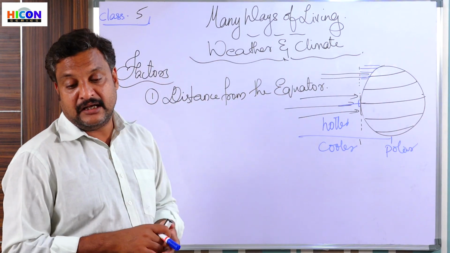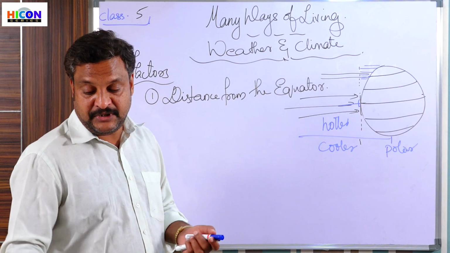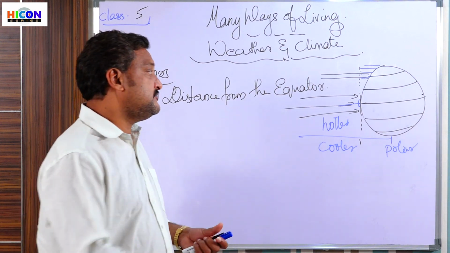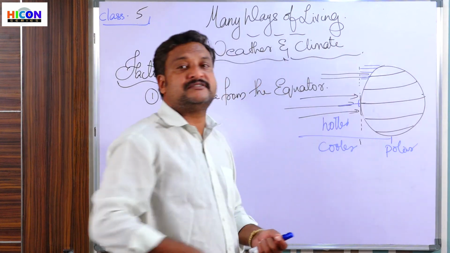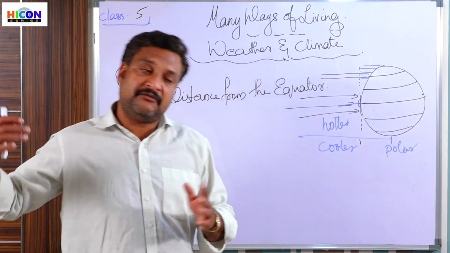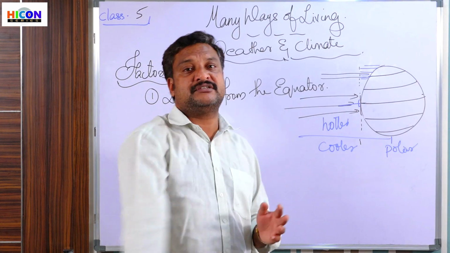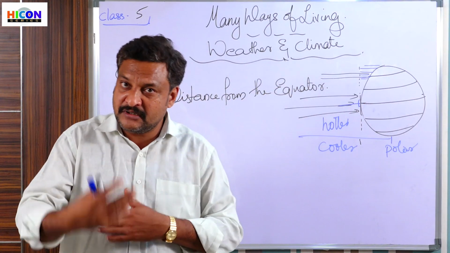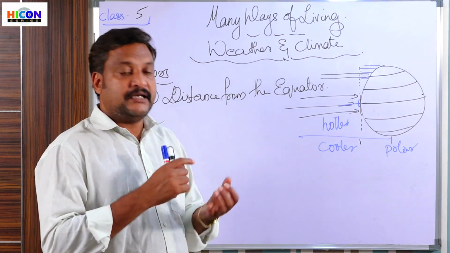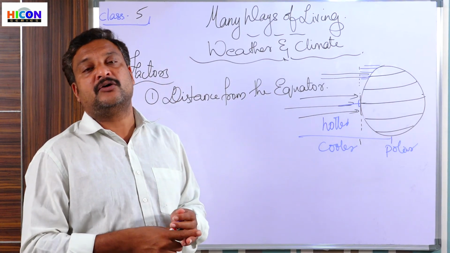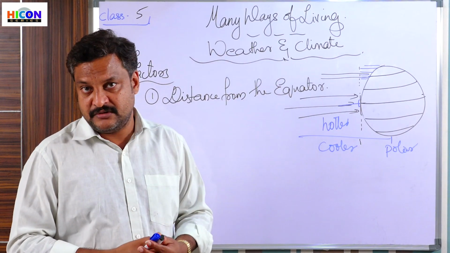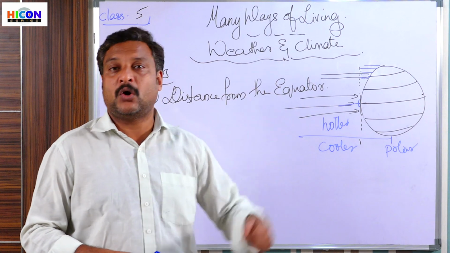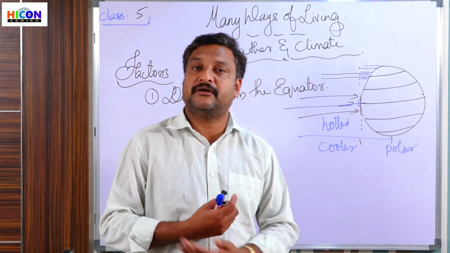So the area around the equator will be hotter than the other regions. And as we move towards the poles, the sunlight has to travel a lot more distance to reach the land, and as it travels more, it becomes weak, and the heat and the light also become reduced. Right? So the areas around the equator are hotter than the polar regions.